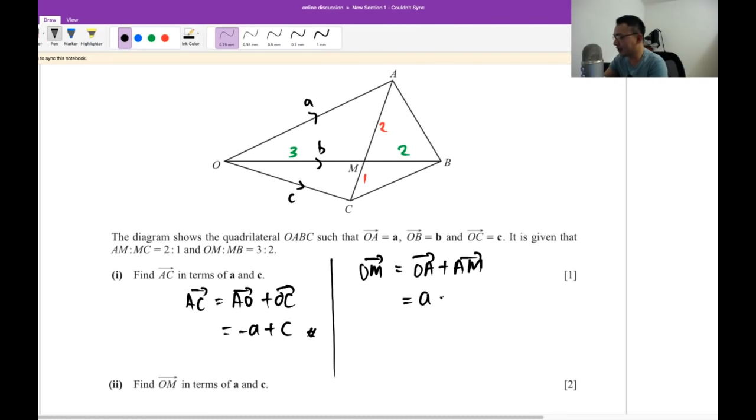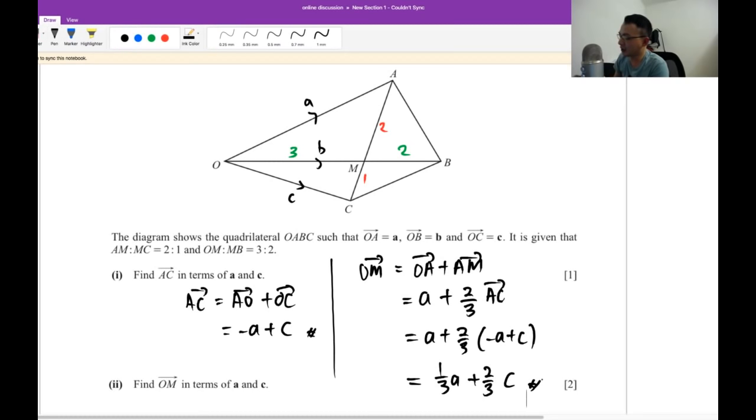OA is A. AM here will be 2/3 of AC, which is 2/3 of negative A plus C. So A minus 2/3 A will get 1/3 A, and then plus 2/3 C. Done. This is how we get OM.